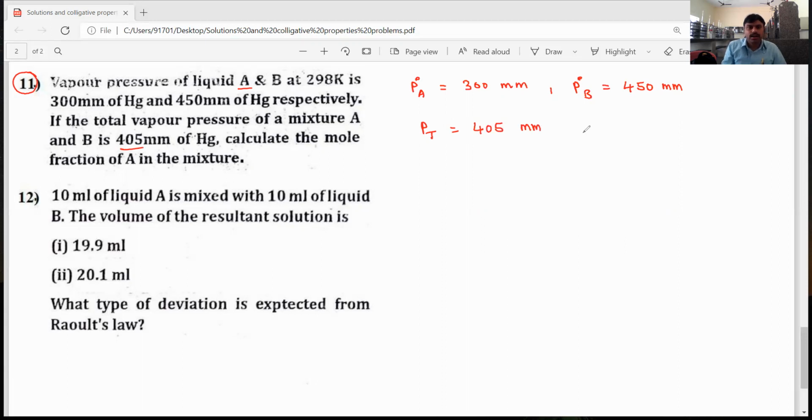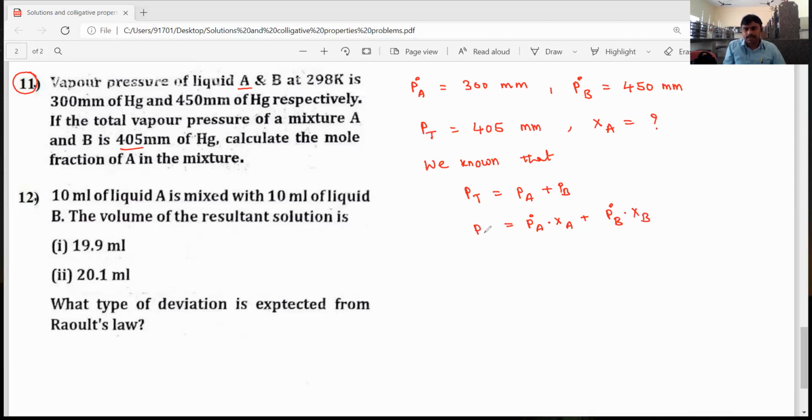So we need to calculate the mole fraction of A. We know that according to Raoult's law, the total vapor pressure Pt is equal to Pa plus Pb, and Pt is equal to P0A into Xa plus P0B into Xb.